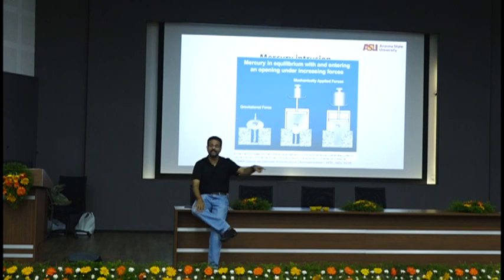Very true. But then every time you're testing in compression, you're failing it in tension. And then you're saying 40 megapascal, 50 megapascal. If the material had a consciousness, it must be laughing, sitting and saying, this guy is doing the most stupid test on me, getting something, reporting something else, and saying all my standards are satisfied.